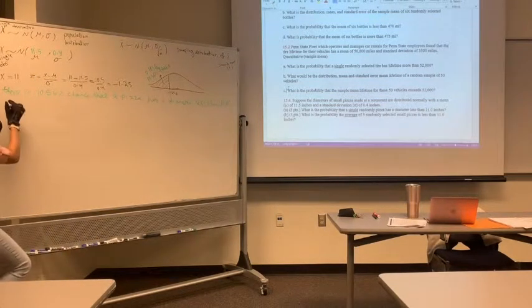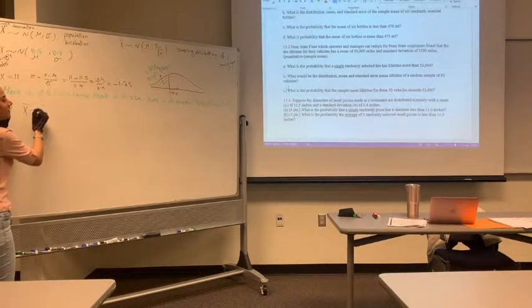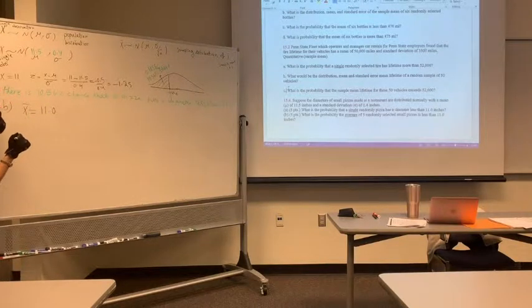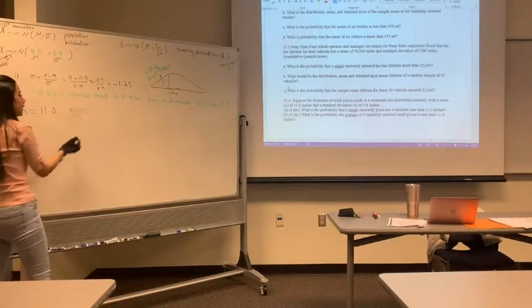So part B says, what is the probability that the average of 5 pizzas is less than 11 inches? X bar is equal to 11 inches and n is 5.